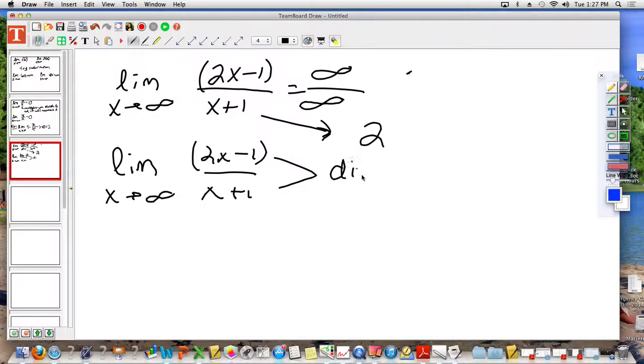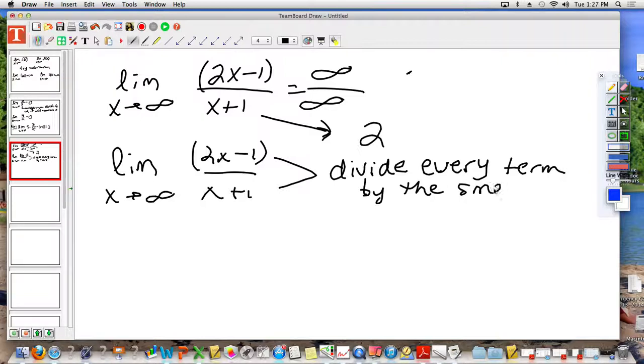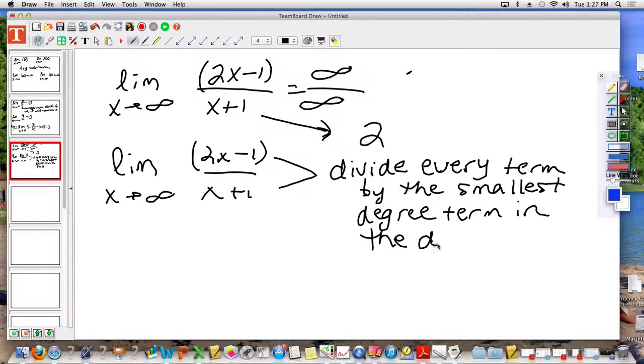You are going to divide every term by the smallest degree term in the denominator. And that might sound horrible, but it's not. So just hang tight for a minute.